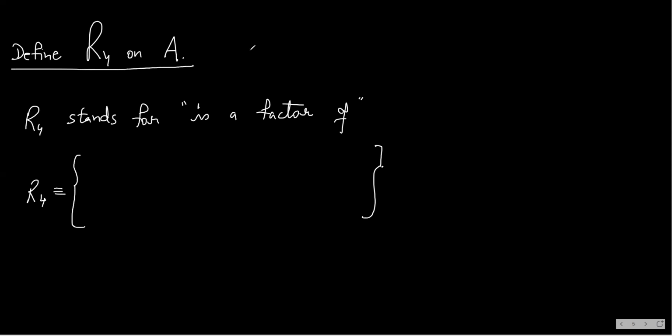It means that R4 will be a subset of A cross A. So you have to write all the ordered pairs. See, I made it so simple. You have to write all the ordered pairs where the first component is related to the second component under R4. So this is a practice problem for you. You will all solve this.